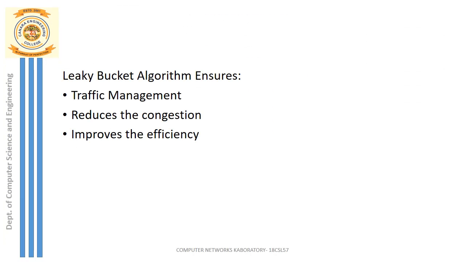As a whole, the leaky bucket algorithm ensures that there will be management of traffic. Since there is management of traffic of packets, there will be a reduction in the congestion, and once the congestion is controlled or reduced, there will be improvement in the efficiency of the network.